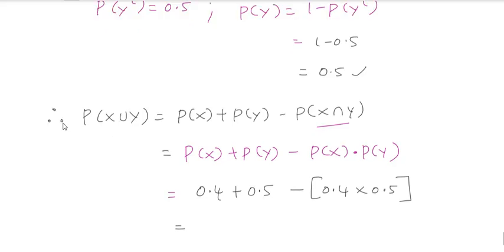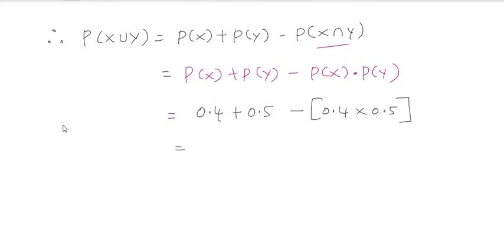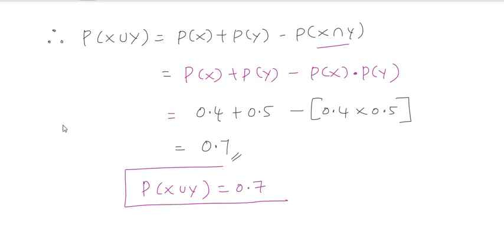If you simplify, the answer is 0.7. So the probability of X union Y is 0.7. This is the answer for that particular criteria.